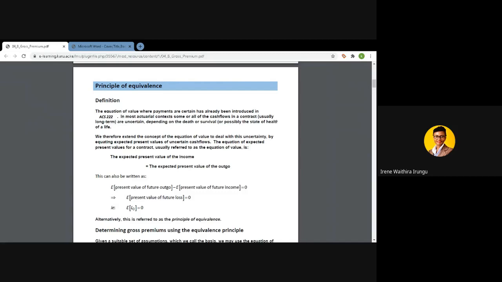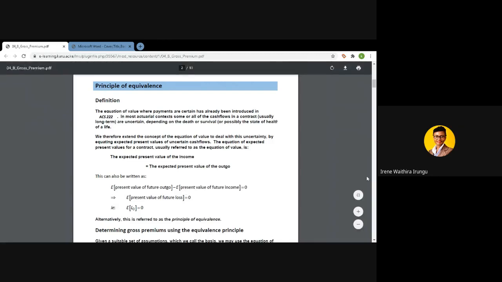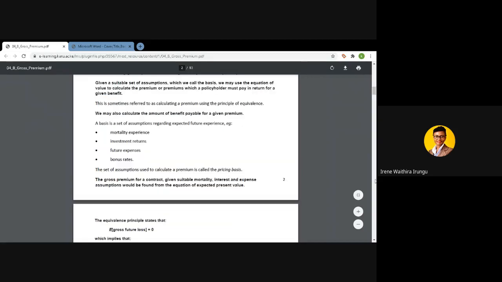So it means that if we equate these two by this principle of equivalence, then if you have values of, let's say, the expected present value of the future outgo, then you are able to estimate the expected value of the future income. So that is what we shall be doing. We'll do so for conventional contracts, then do it for with profit contracts. So we'll go straight on to an example.